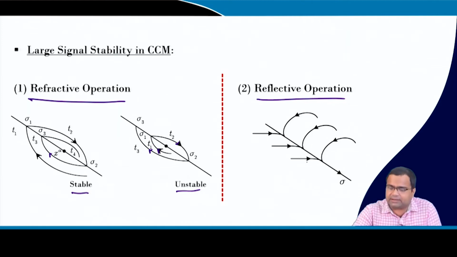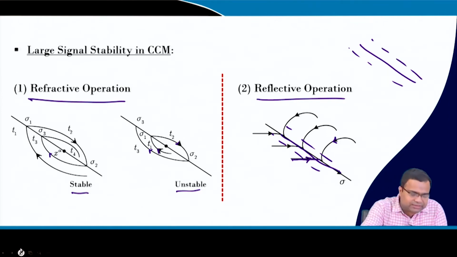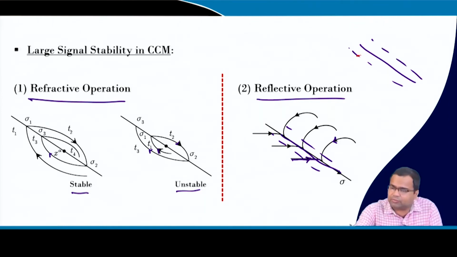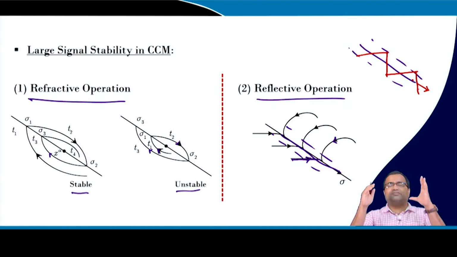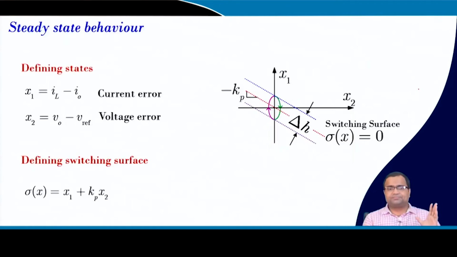In the reflective region, both sides the trajectories are approaching, so it will slowly move towards this line, and you can create a hysteresis band on both sides of your switching surface. The trajectory will move like this, slowly going towards the desired point, and there we achieve sliding motion.